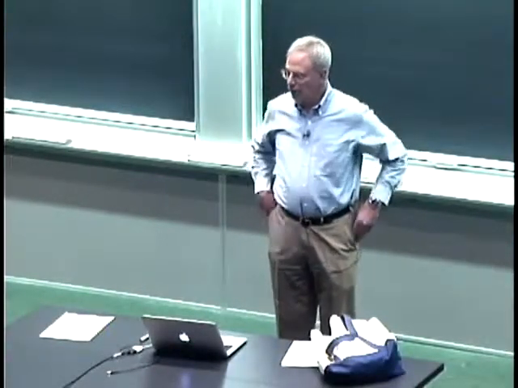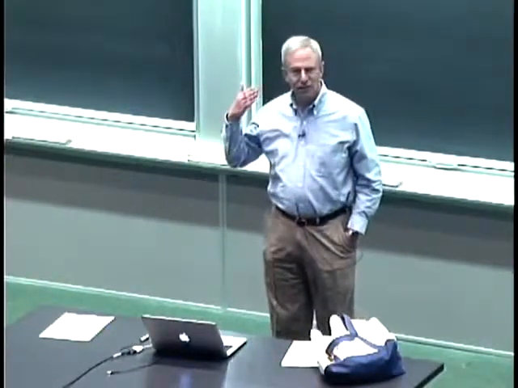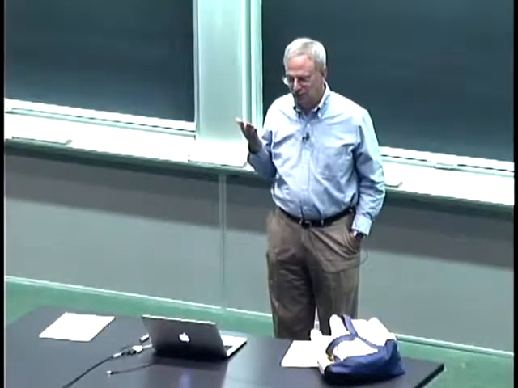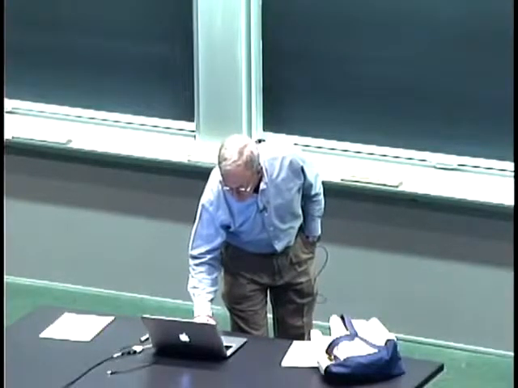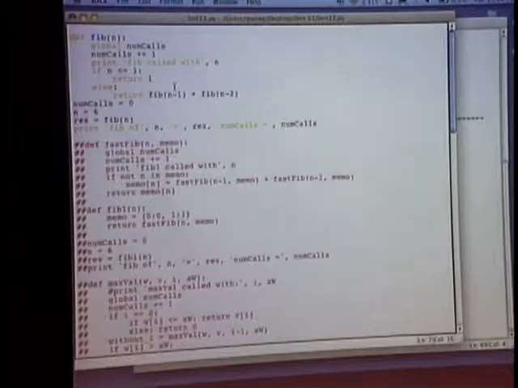Why is it taking so many? Well, what we can see here is that I'm computing the same value over and over again. Because if we look at the recursive structure of the program, what we'll see is I call fib of 5 and 4. But then fib of 5 is also going to call fib of 4.